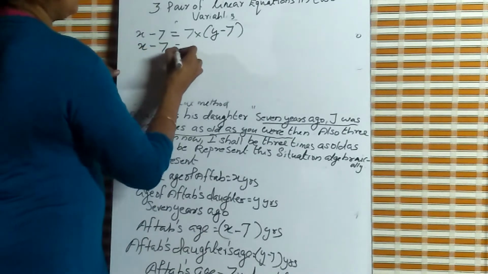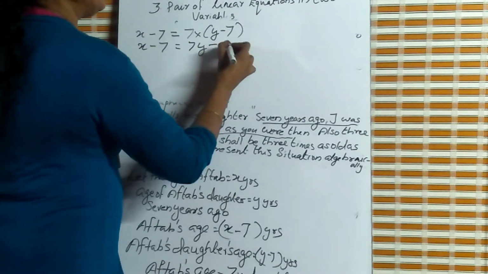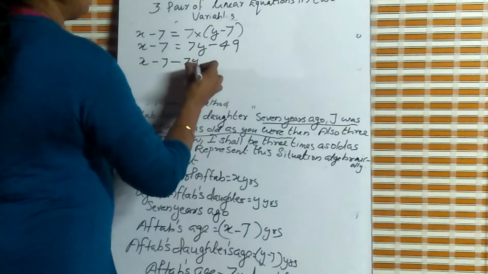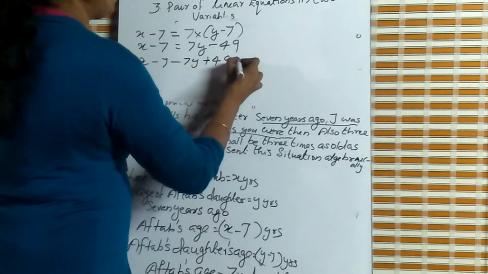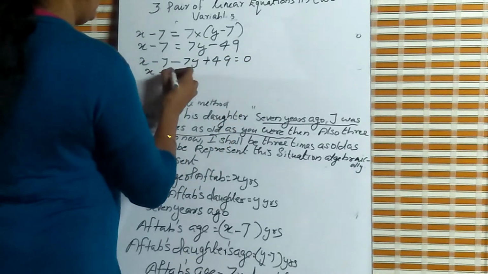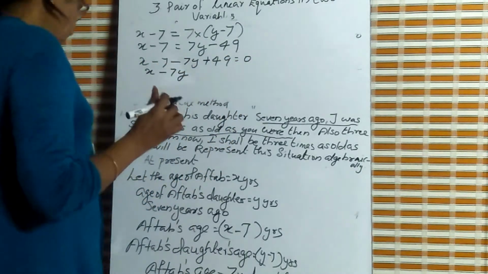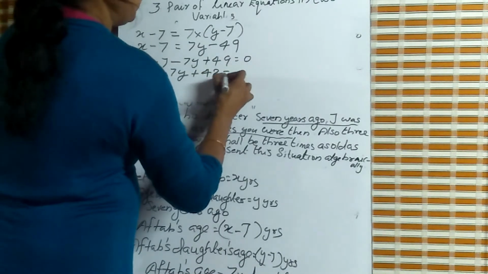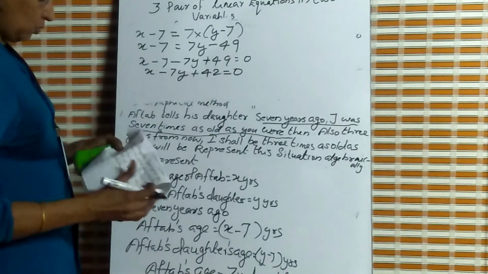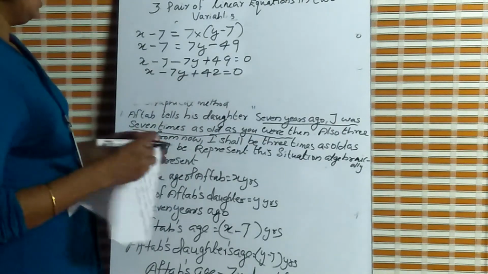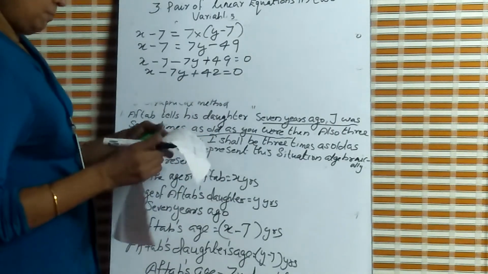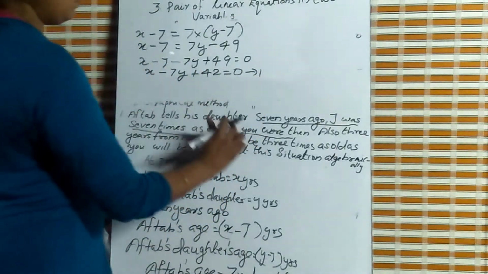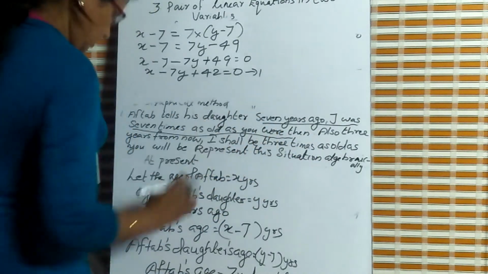So x minus 7 is equal to 7y minus 49. Bring to the same side: x minus 7 minus 7y plus 49 is equal to 0. x minus 7y, and minus 7 plus 49 is plus 42, equal to 0. x minus 7y plus 42 is equal to 0. One equation. That is the first part of our question.